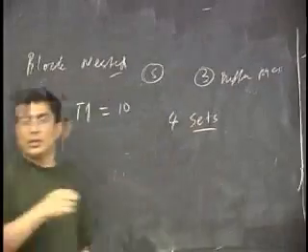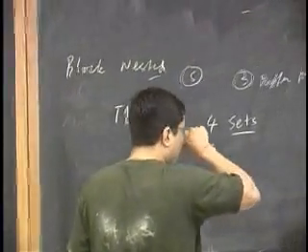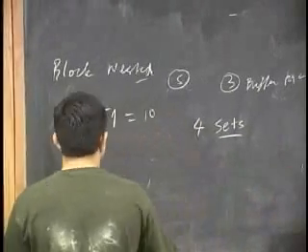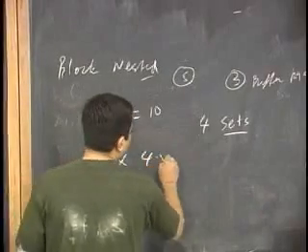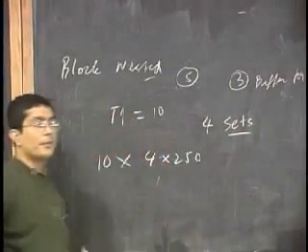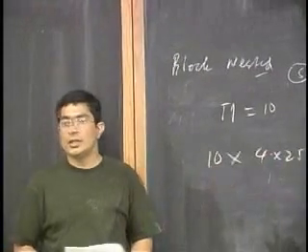That will correspond to as many reads of our T2. So our cost should then be 10 plus 4 times 250, because T2 is 250.